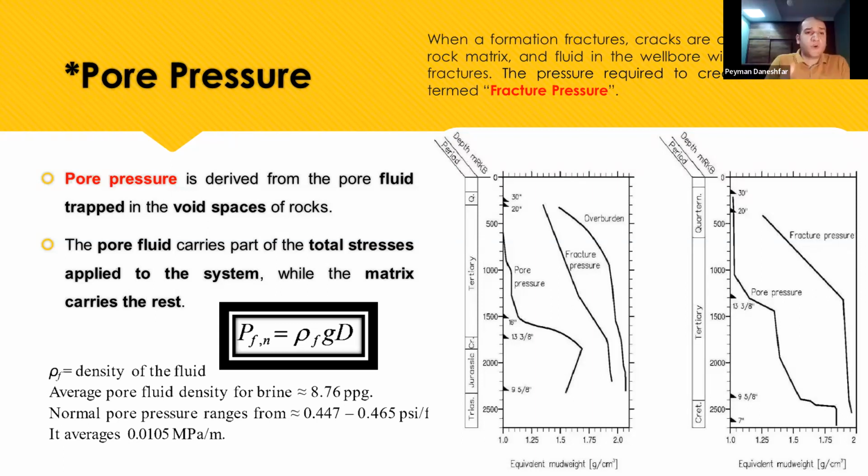Again, for pore pressure, the pressure, the density and also the depth are important for us. But a normal range for pore pressure is about 0.44 to 0.46.